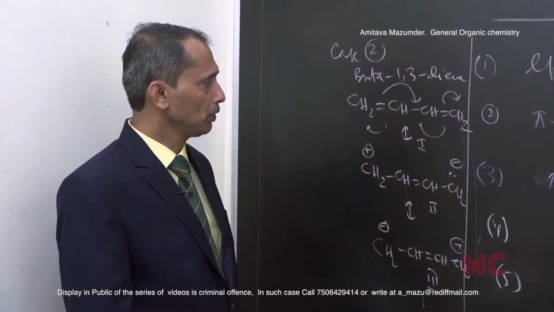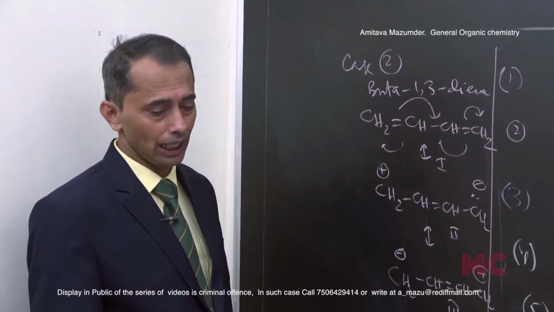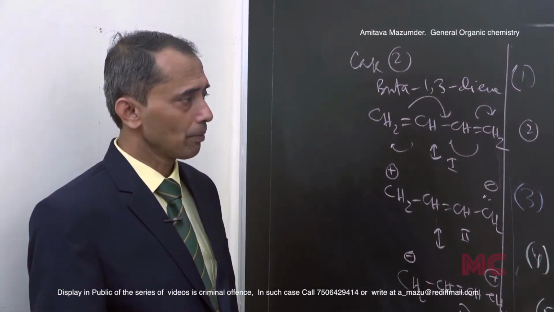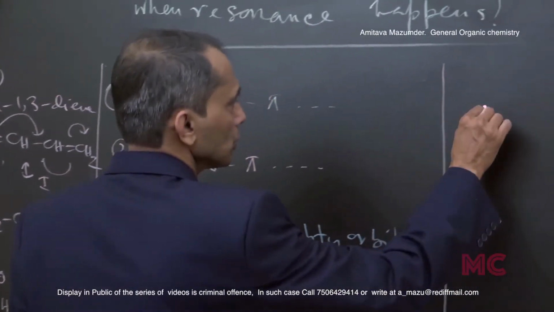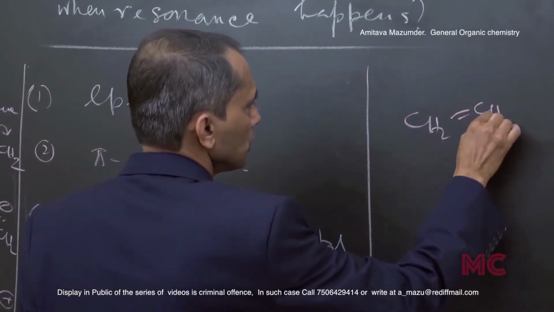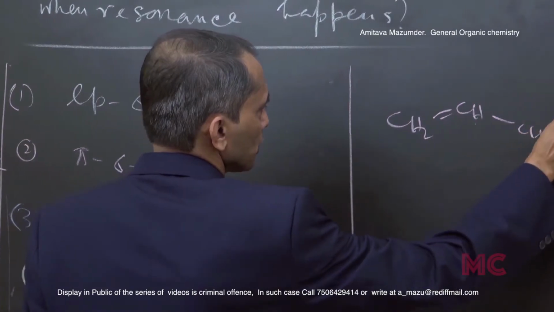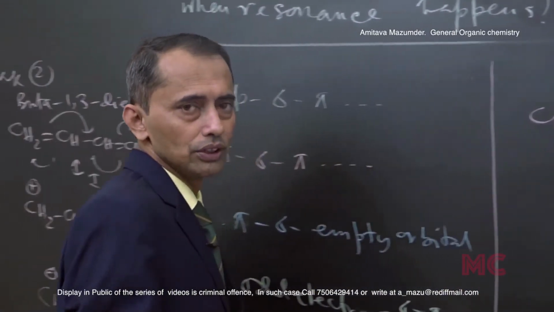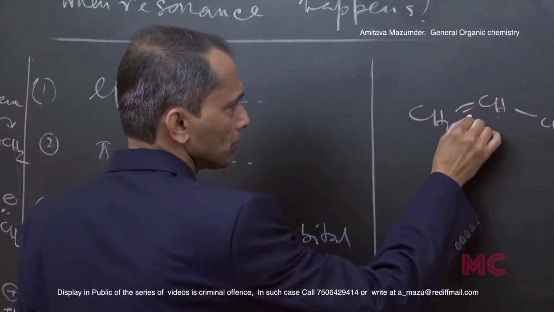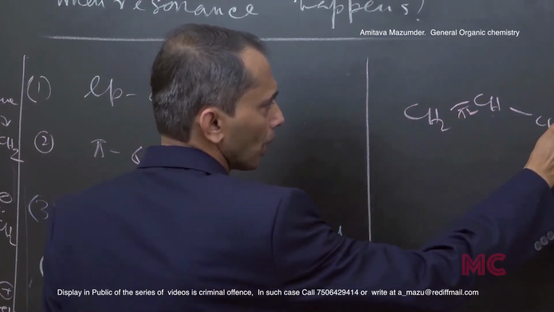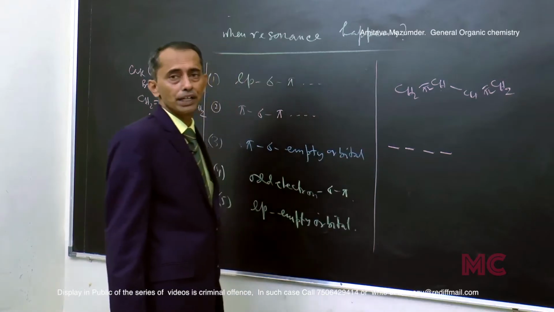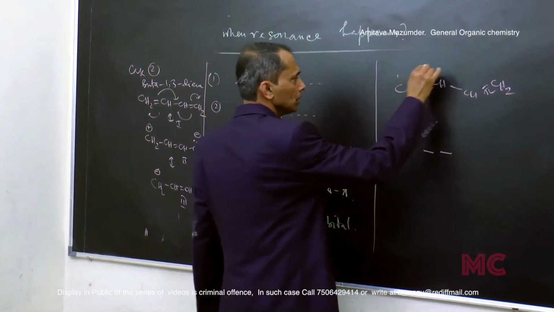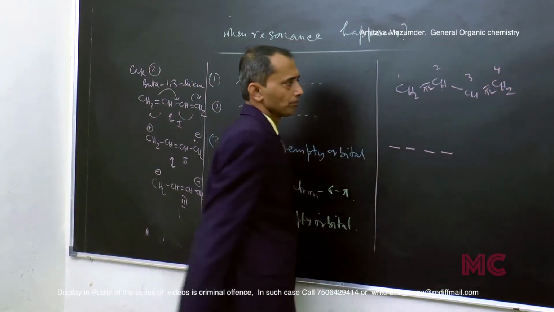Now I will tell you the beauty of this particular molecule, buta-1,3-diene. If you see the MO diagram, you can see how it stabilizes and how extra stability arises in the molecule. For example, let's say I am taking butadiene, CH2 double bond CH double bond CH2. How does it form? There is one pi bond, that is 2 pi electrons, and another 2 pi electrons, so a total of 4 pi electrons are involved in making the pi bonds on all four carbons, C1, C2, C3, C4.